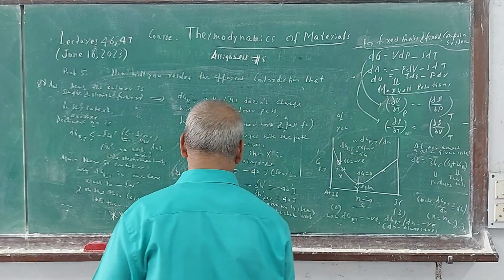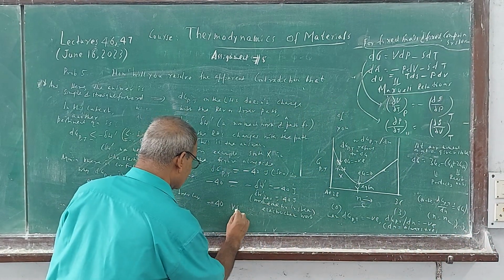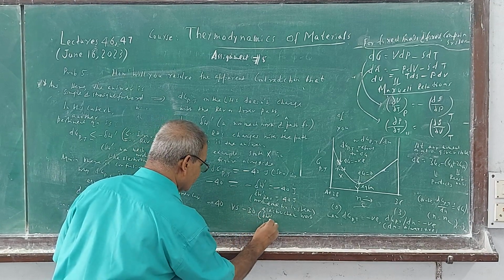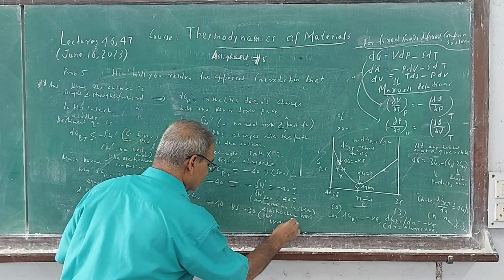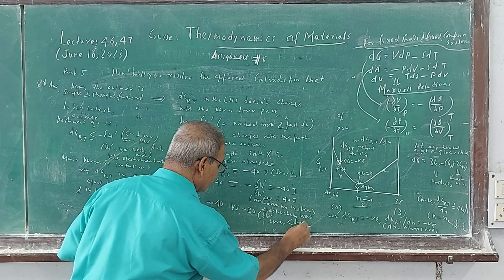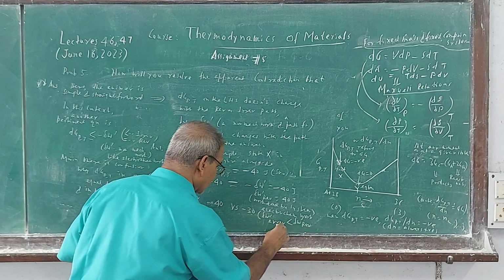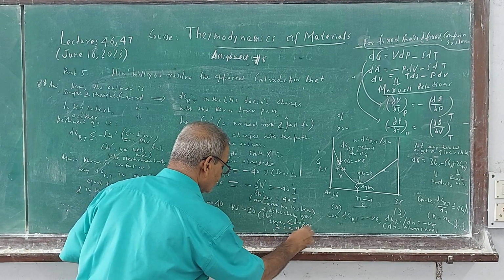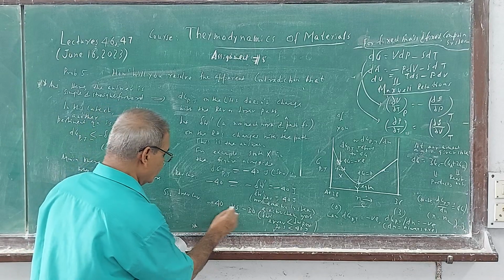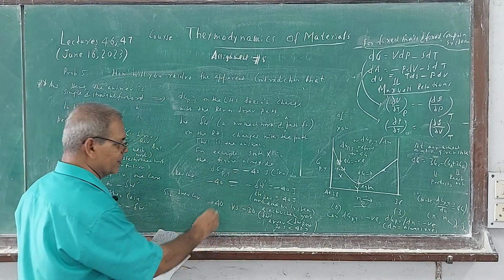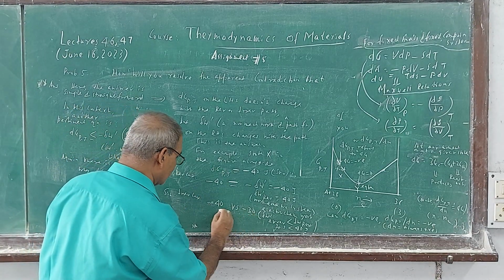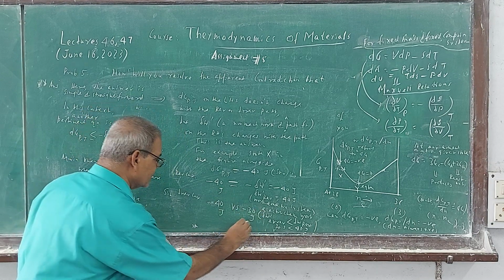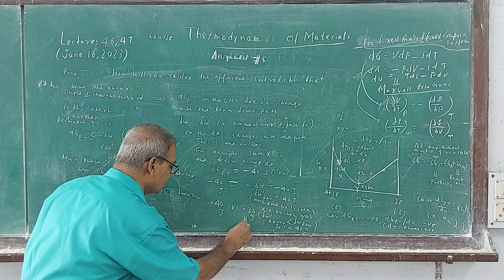So minus 40 versus minus 30. dW prime irreversible is less than dW prime reversible. So 30 joule is less than 40 joule. I have explained. So minus 40 does not change on the left hand side, and the right side is minus 30 joule. So this is dW irreversible.